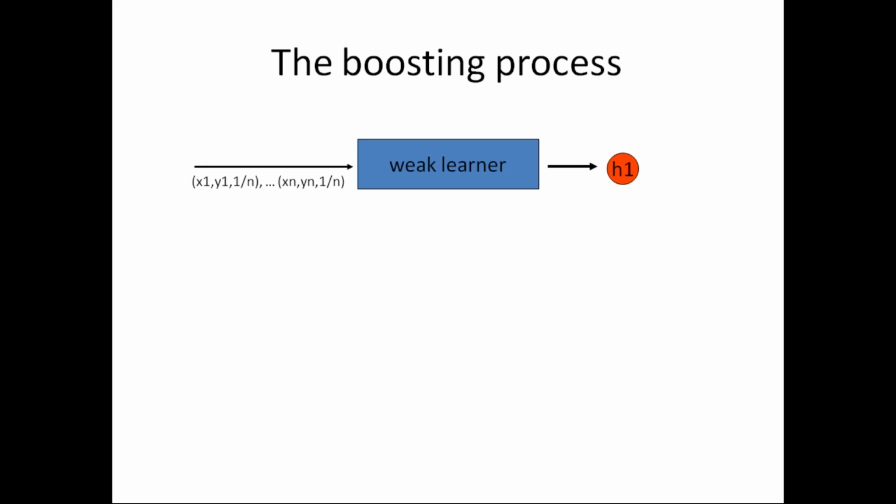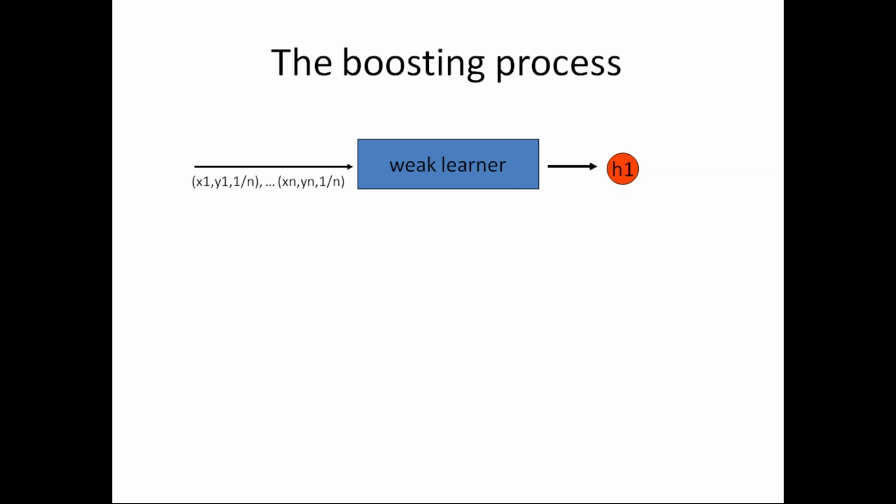Whatever data you have used for learning, say suppose you have 10,000 data points, all the data points are given equal weightage. Think of weight as something which is initially equal among all the data points.